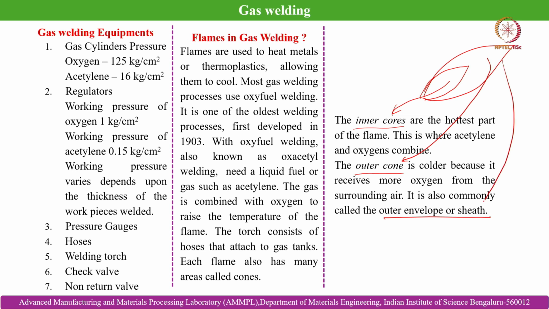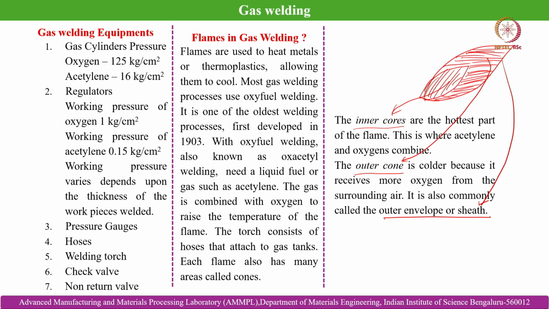Both the inner cone and the outer cone generally have different colors and different temperatures. Depending upon the particular application, we can decide where the inner cone plays the role of fusion welding and where the outer cone plays that role, depending upon the heat input requirement.